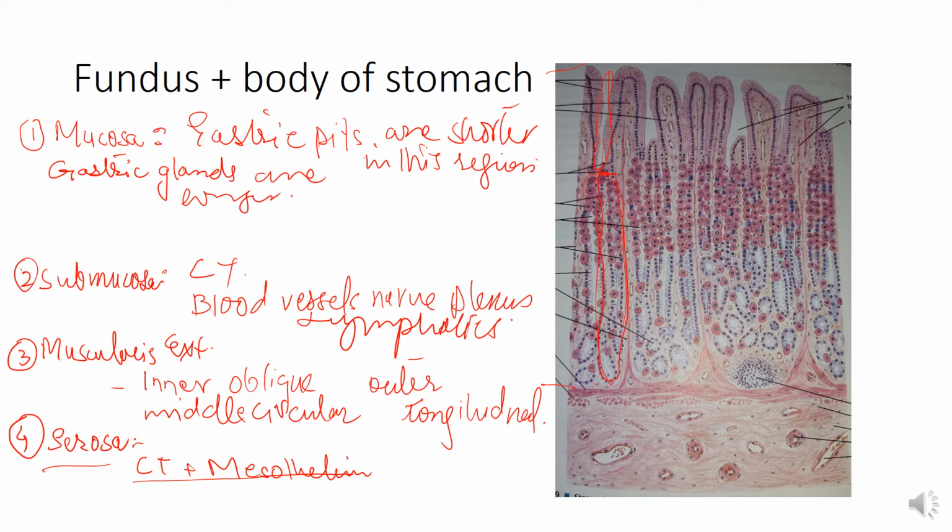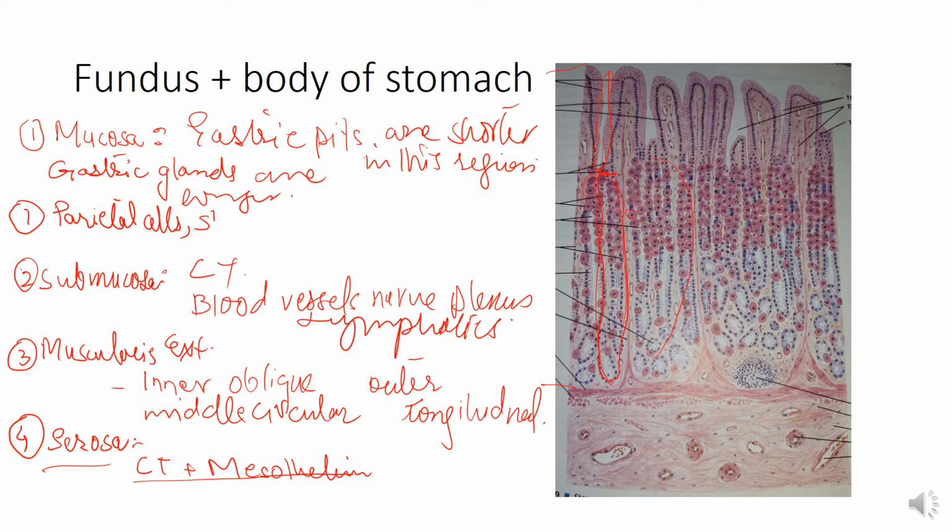Now, what is the difference in the glands? The glands located in the region of fundus and body consist of 5 cells. These are very much apparent here, as I have told you in the previous video. These are the parietal cells, the pink eosinophilic colored rounded cells.